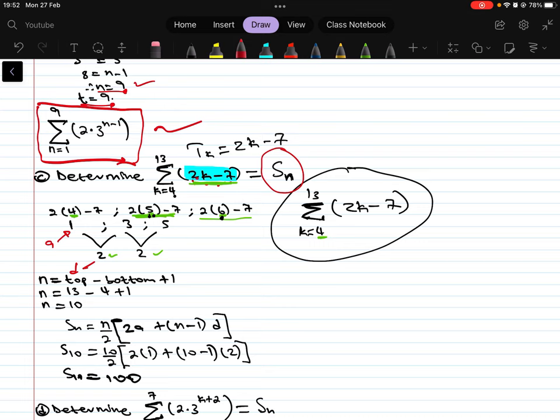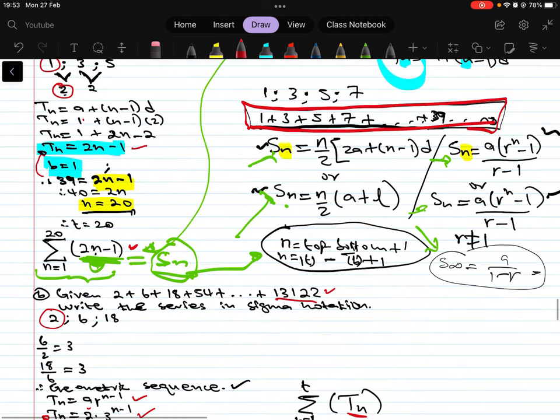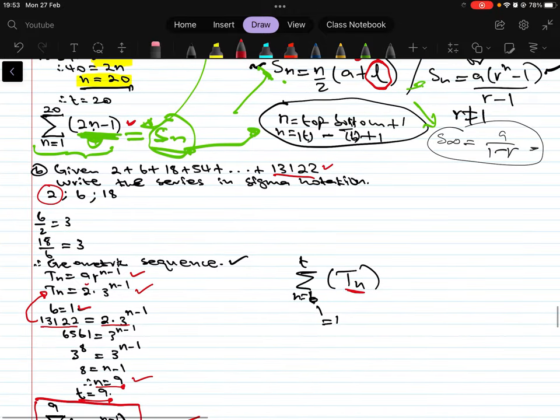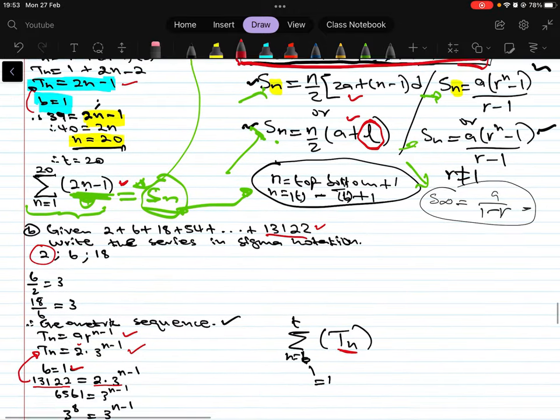Because in the brackets you have an arithmetic expression, you're going to need to use an arithmetic sum formula. Usually with this one you need to know what your last term is and what your first term is. In this case, we do know what our last term is.